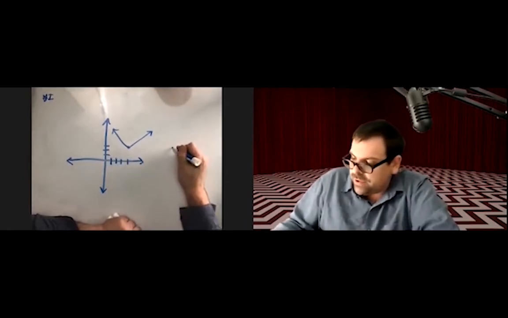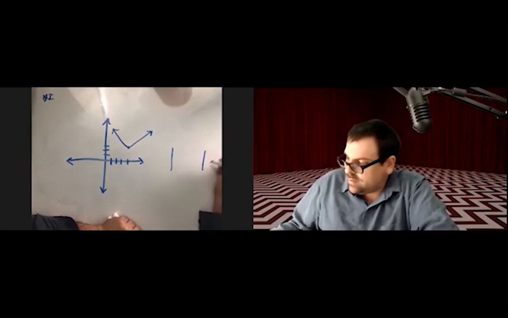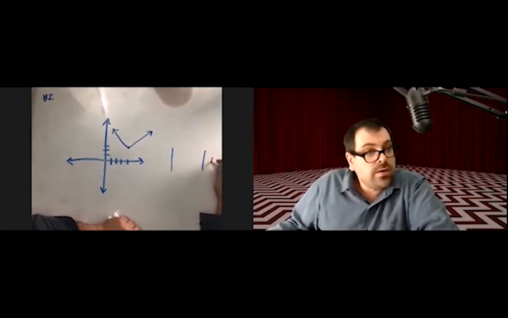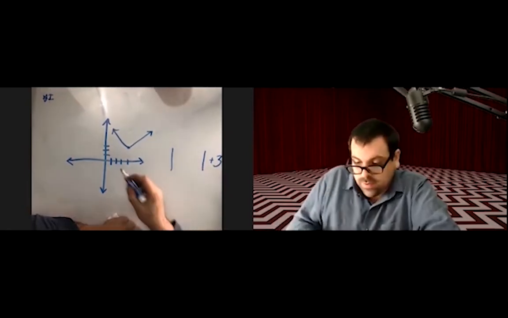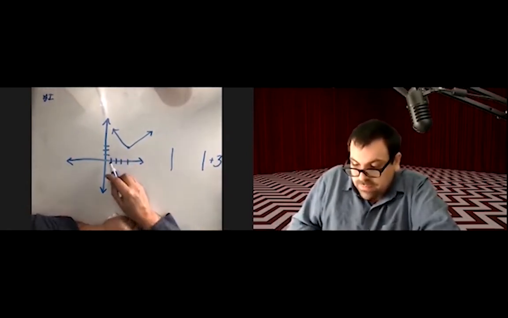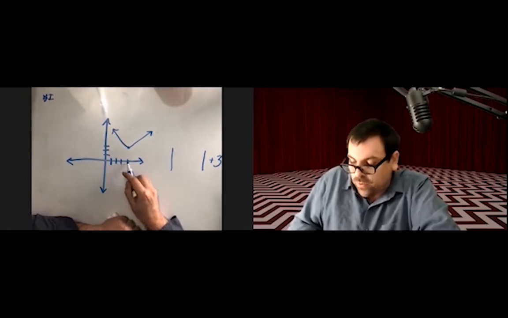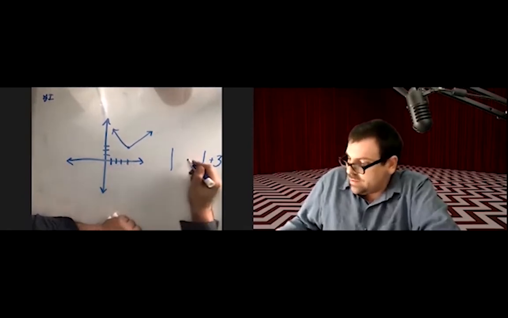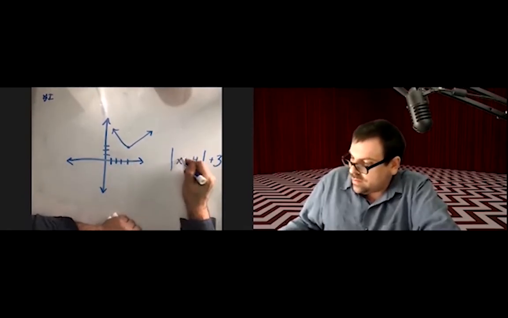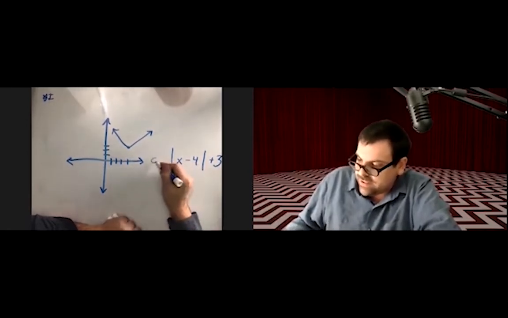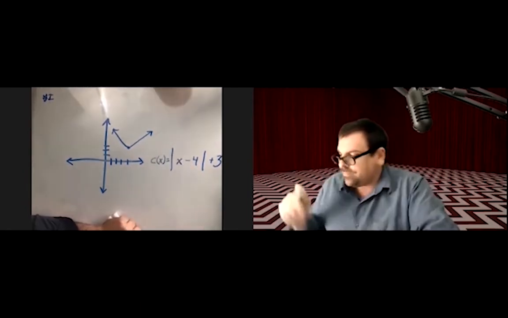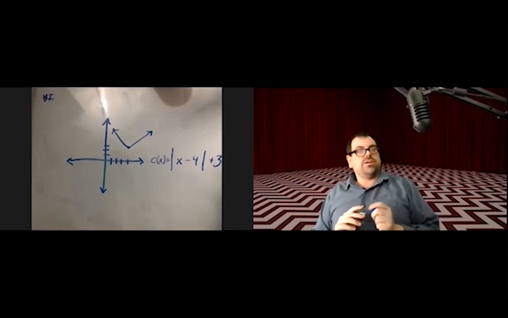It's moved up 3. And it's been moved 1, 2, 3, 4 to the right. And I'll give it a name. Call it C. That's all you do.